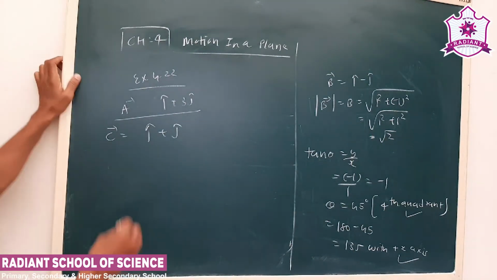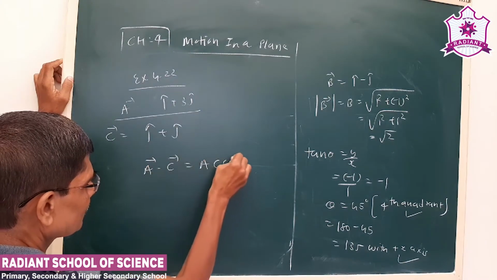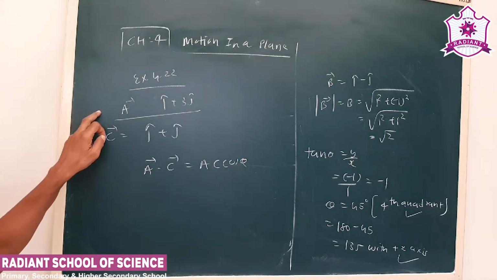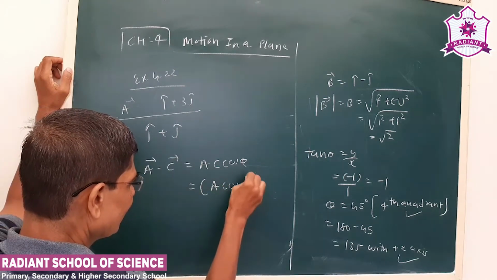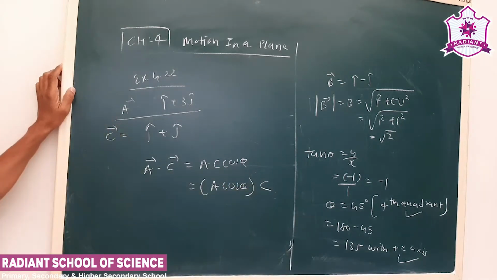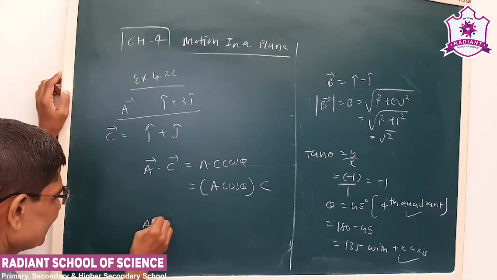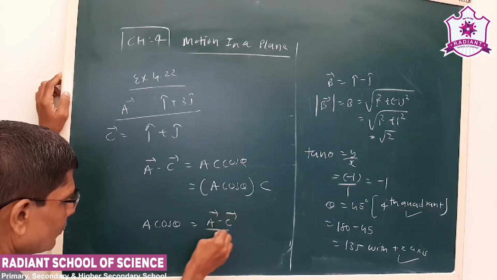So here, suppose I say A dot C is AC cos theta. Here the component of A in the direction of C is A cos theta by the definition. So rearranging the terms, A cos theta will become A dot C upon C.